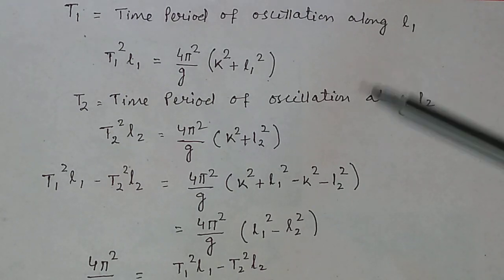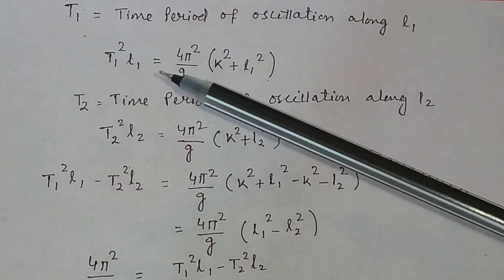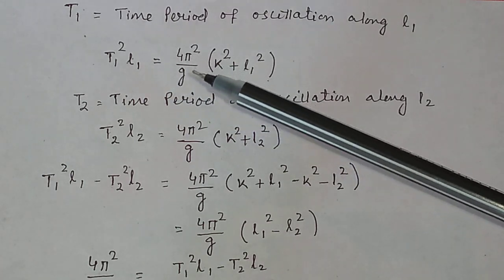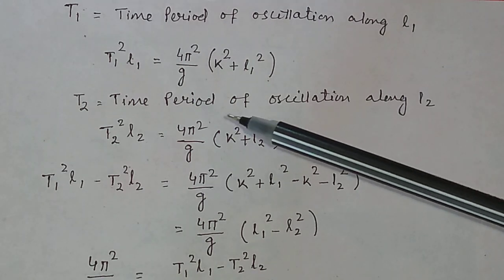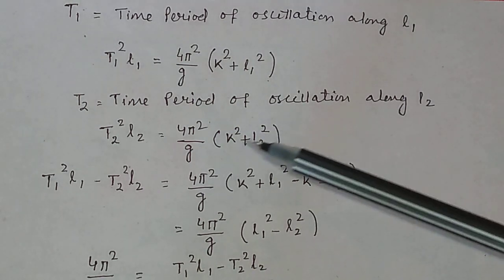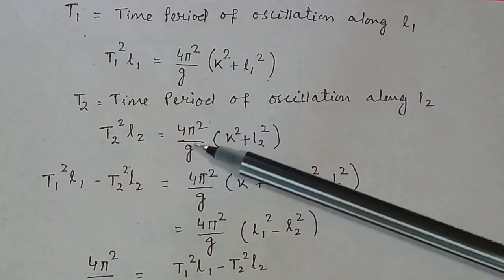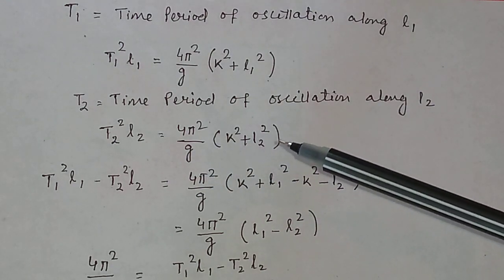So suppose T1 is the time period of oscillation along L1. So T1 square L1 will be equal to 4π square divided by g (k square plus L1 square). And if T2 is the time period of oscillation along the side L2, then T2 square into L2 will be equal to 4π square divided by g (k square plus L2 square).